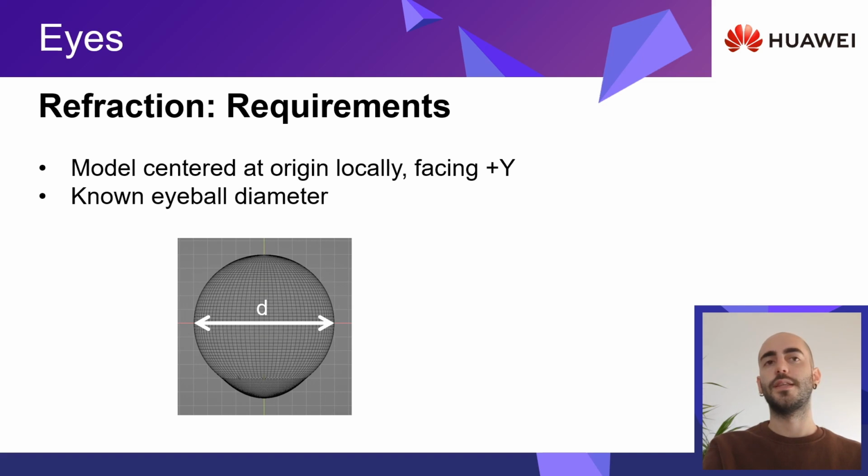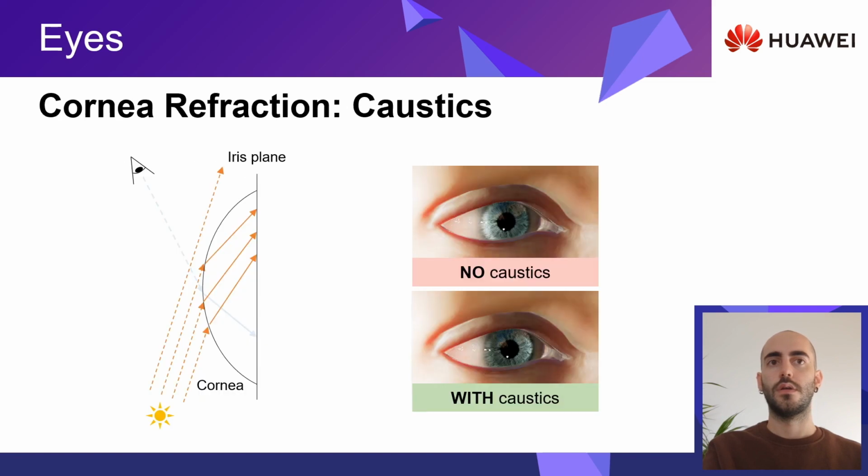Another requirement is that the eyeball needs to be centered at the origin locally, and we need to know the eyeball diameter because it is going to be required information to properly compute the refraction. The same refraction applied to our camera ray applies to the incident light that passes through the cornea, which creates the caustics.